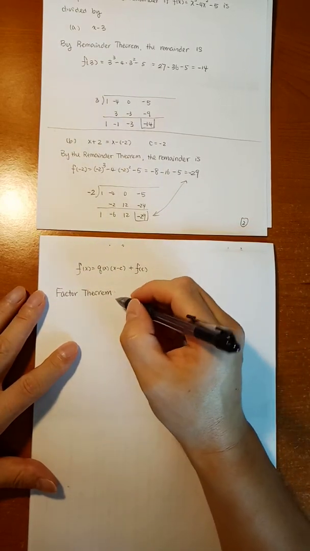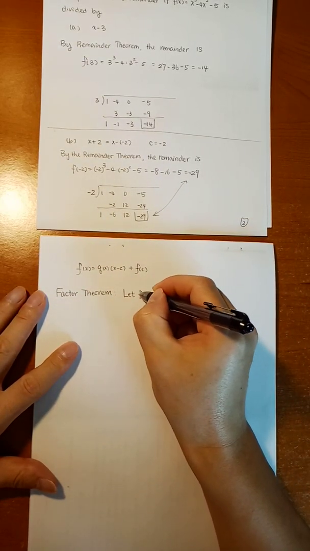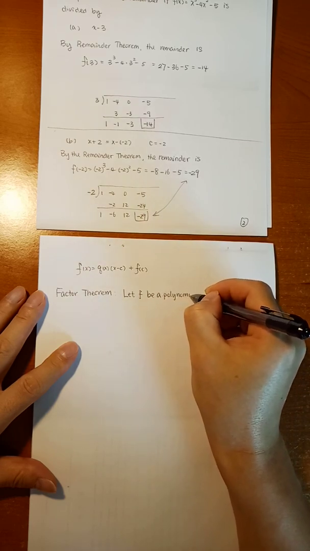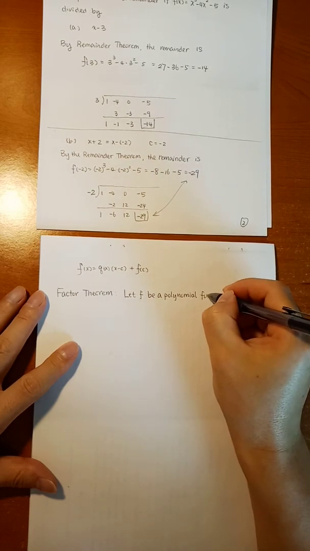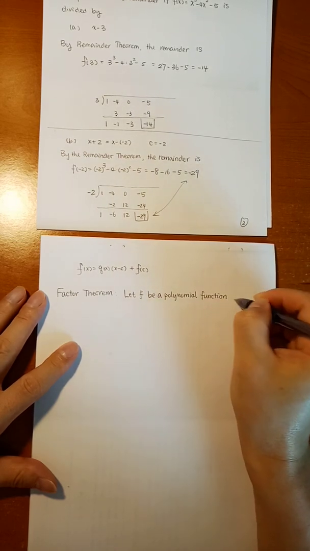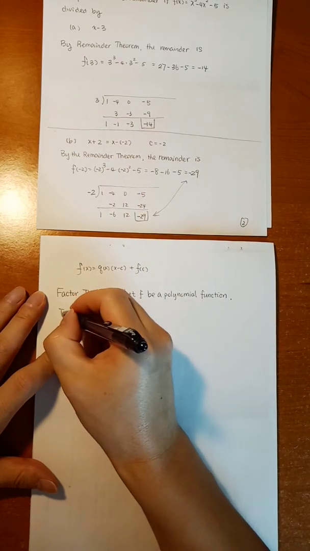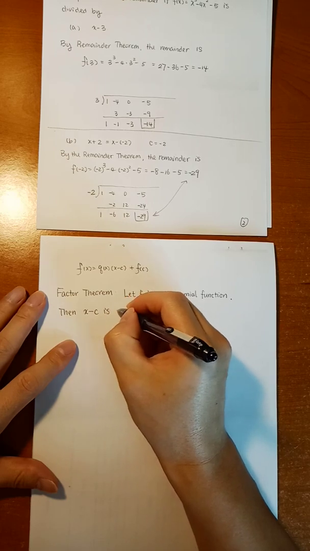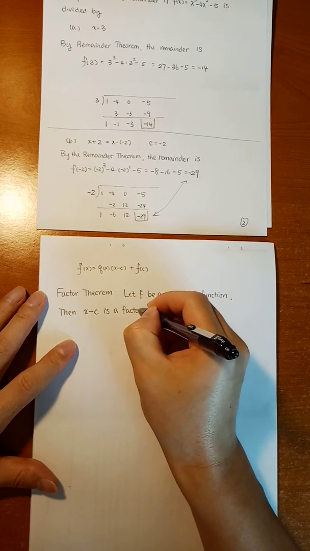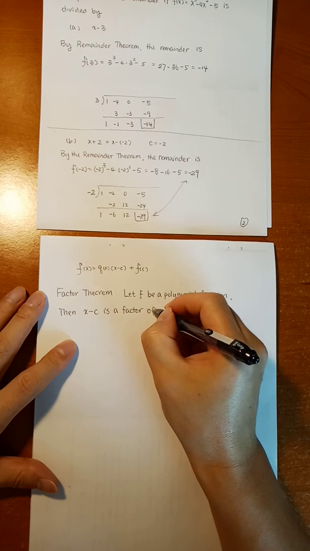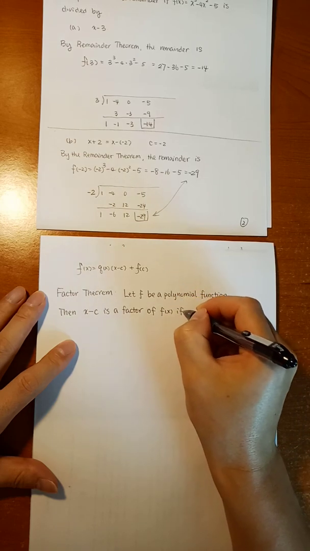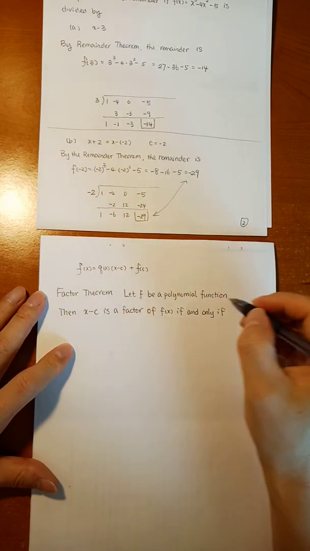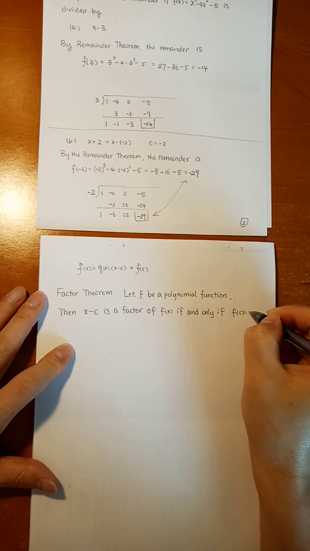Okay? So the factor theorem: let f be a polynomial function, then x minus c is a factor of f(x) if and only if f of c is 0.